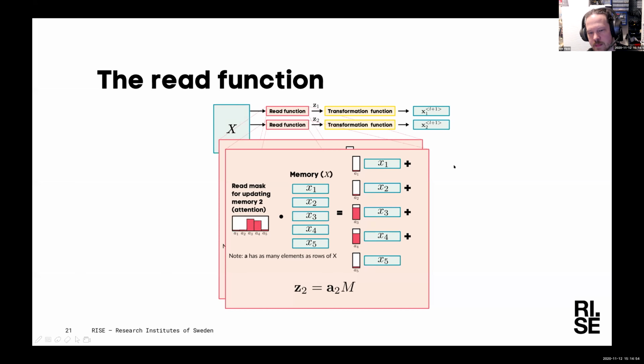And again, we have at least as many memory slots as the input size. So this means that we do these operations also as many times as we have memory. So you can see here that we get this quadratic behavior.